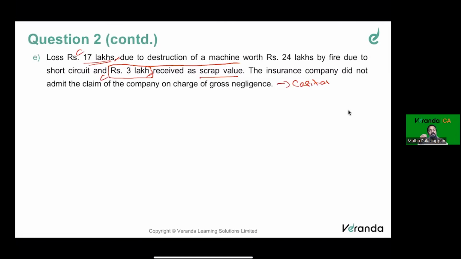And what is the treatment of sale of an asset in your income tax provisions? Basically, whatever income you receive, that is your sale consideration, it could be scrap or whatever sale it is, needs to be adjusted with your WDV. That is what the computation of capital gain on depreciation says.